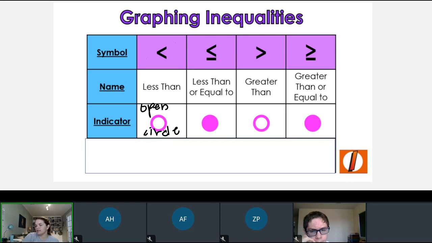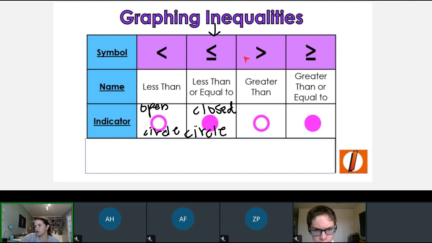If we have this next inequality, less than or equal to, we're going to have a closed circle. The closed circle means that it includes the number that it is on. Next we have greater than.